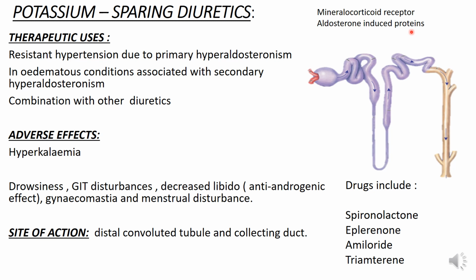So the drugs spironolactone and eplerenone compete with the aldosterone, bind with the mineralocorticoid receptors, thus inhibiting the formation of aldosterone induced protein, or AIP. If there is no AIP, there will be no sodium absorption and potassium loss. Okay, that's done. Now we have amiloride and triamterene.